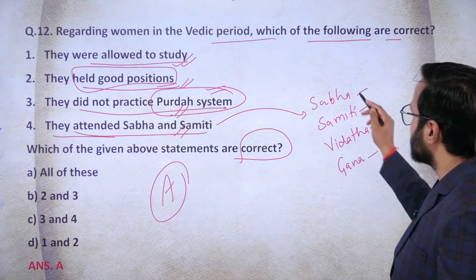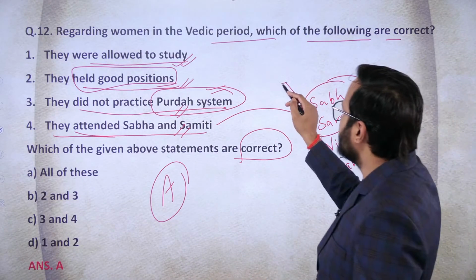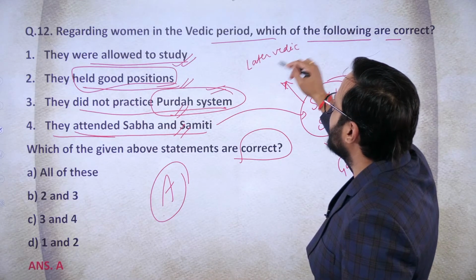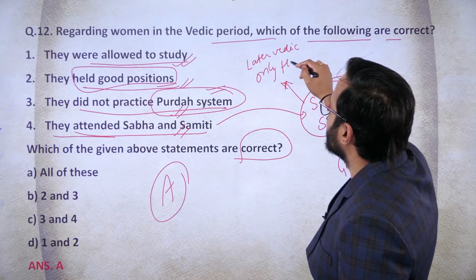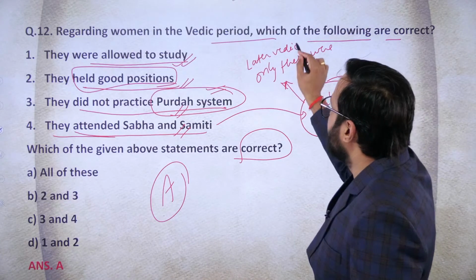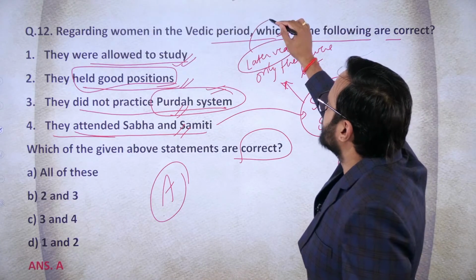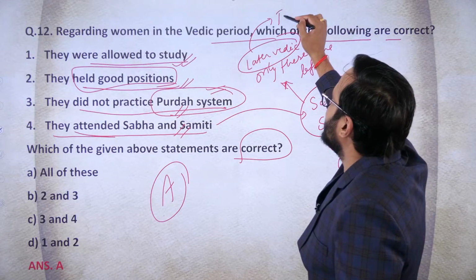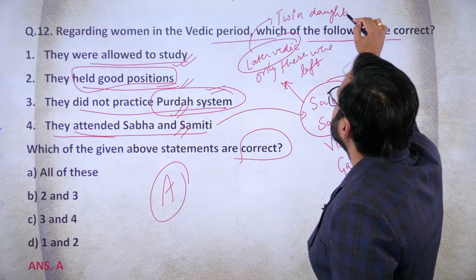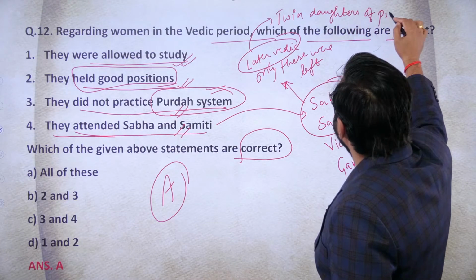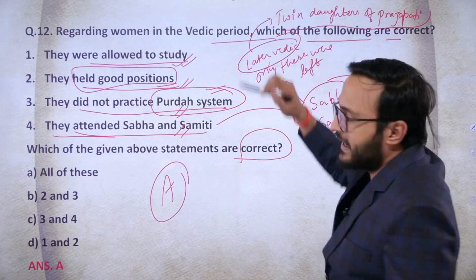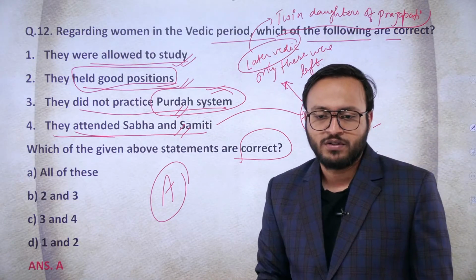So Sabha and Samiti, in the later Vedic period, only these two were left. And not only that, in the later Vedic period, the Vedas also called them the twin daughters of Prajapati. Okay, so that is a very important fact to remember.